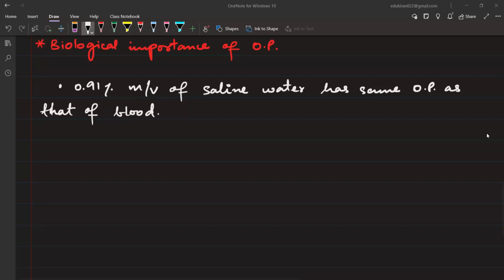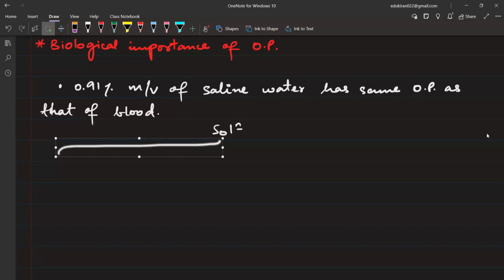Now, whenever we add saline water or any solution, if I compare it with blood, it can be of three types. Please write.